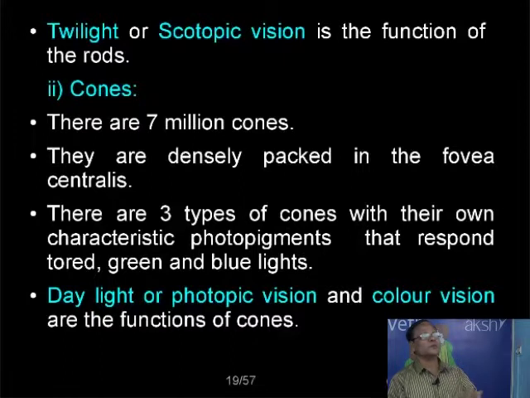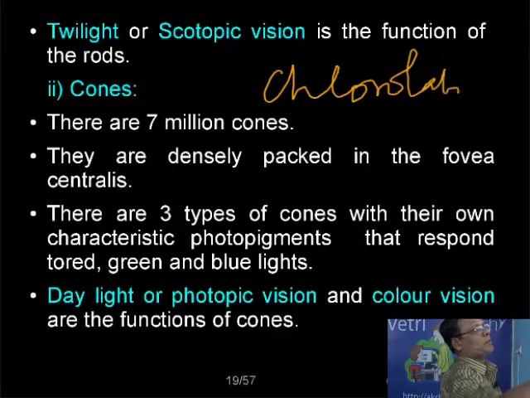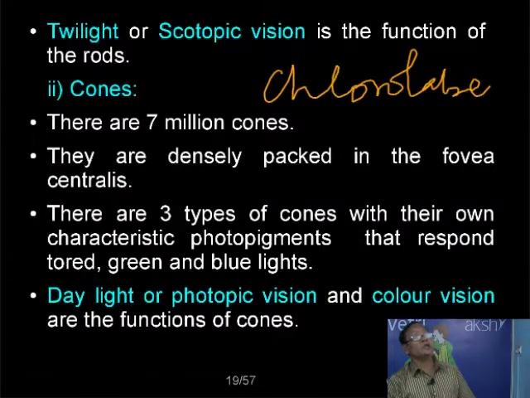For the perception of green, we have chlorolabe, L-A-B-E. For the perception of red, we have erythrolabe. For the perception of blue, we have what is called cyanolabe. So these are the three different types of pigments present in three different types of cones for the perception of three different colors.